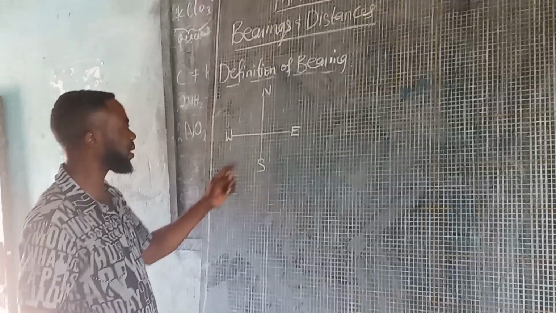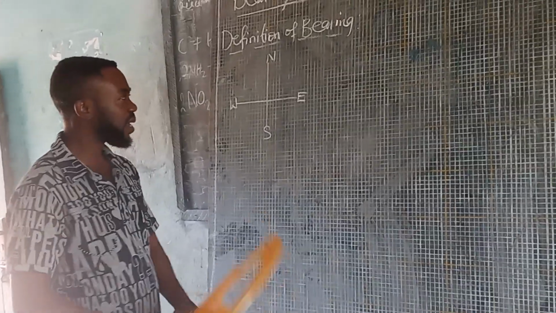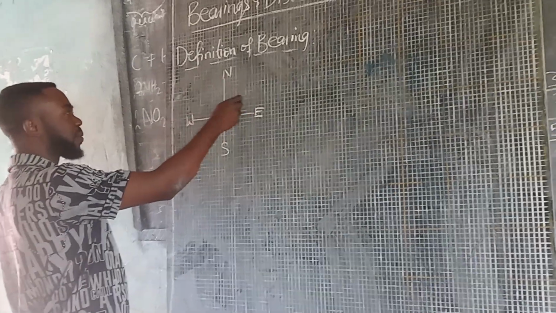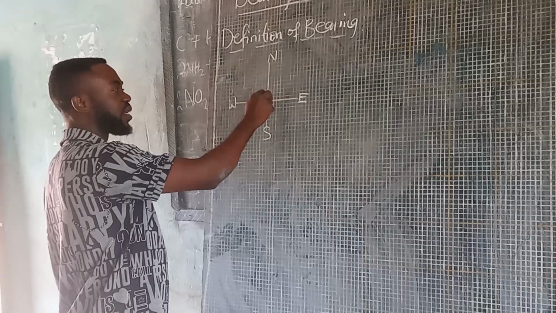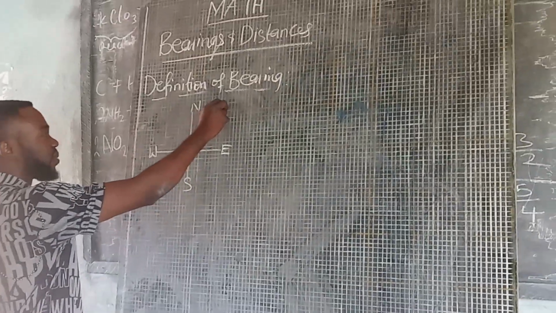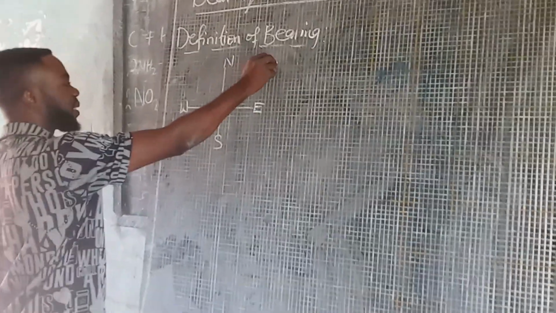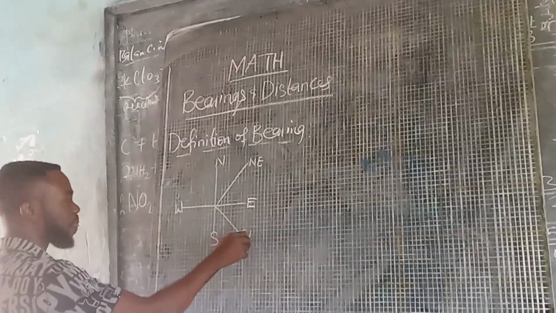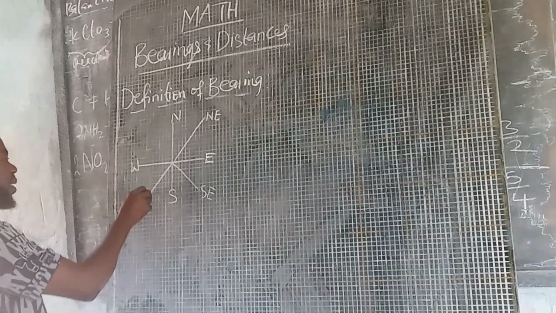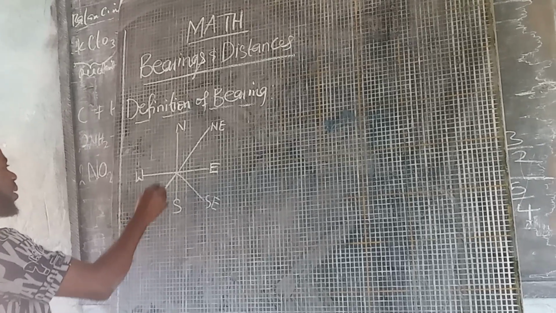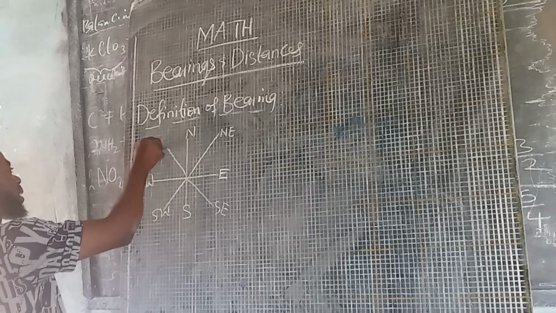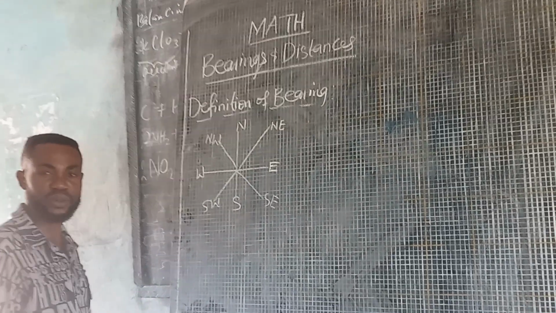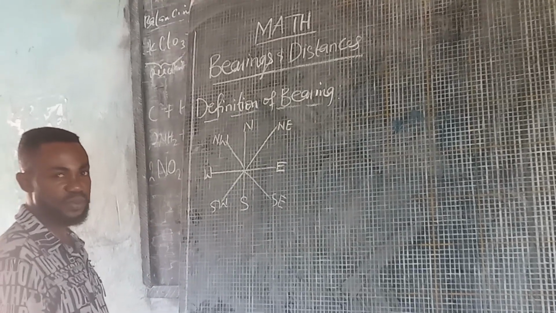From here to here, this region is referred to as the northeast. This is southeast. This is southwest. And this is northwest. These are additional reference axes.